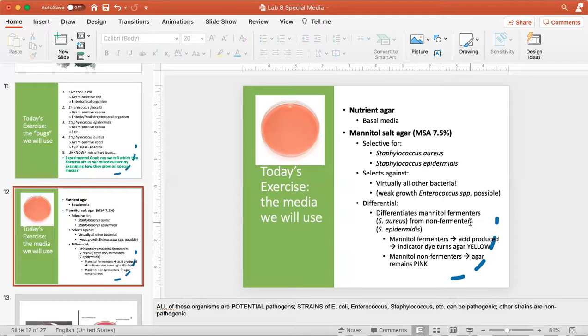And guess what? The 2 things that grow on MSA, 7.5%, 1 of them is a fermenter and 1 of them isn't. Staphylococcus aureus is a mannitol fermenter. So as it grows on the MSA, it's going to consume the mannitol that's in the media, and it's going to ferment it.